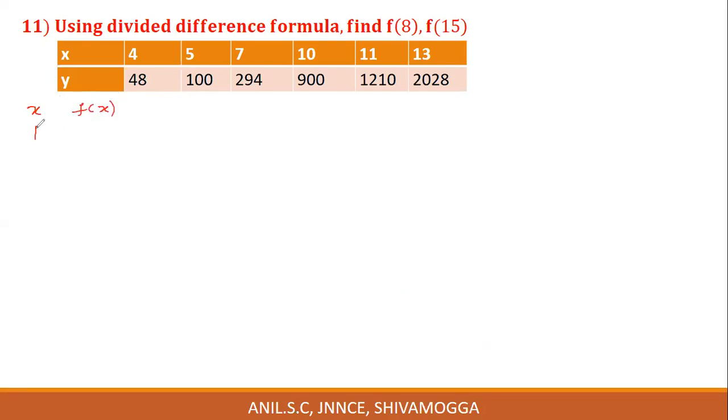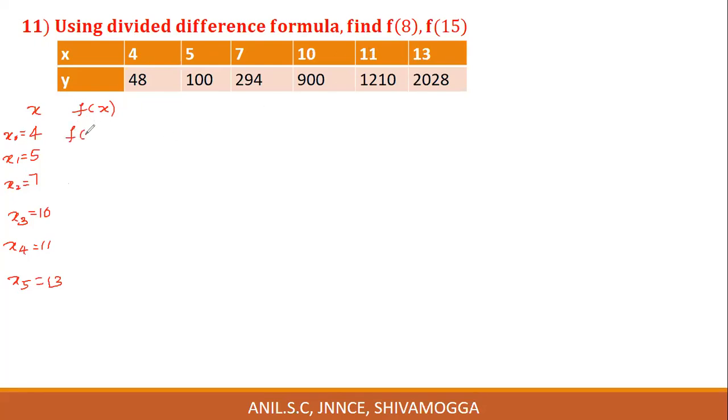Here x takes values 4, 5, 7, that means x naught is equal to 4, x1 is equal to 5, x2 is equal to 7, and x3 is equal to 10, x4 is equal to 11, and x5 is equal to 13. x0, x1, x2, x3, x4, x5.